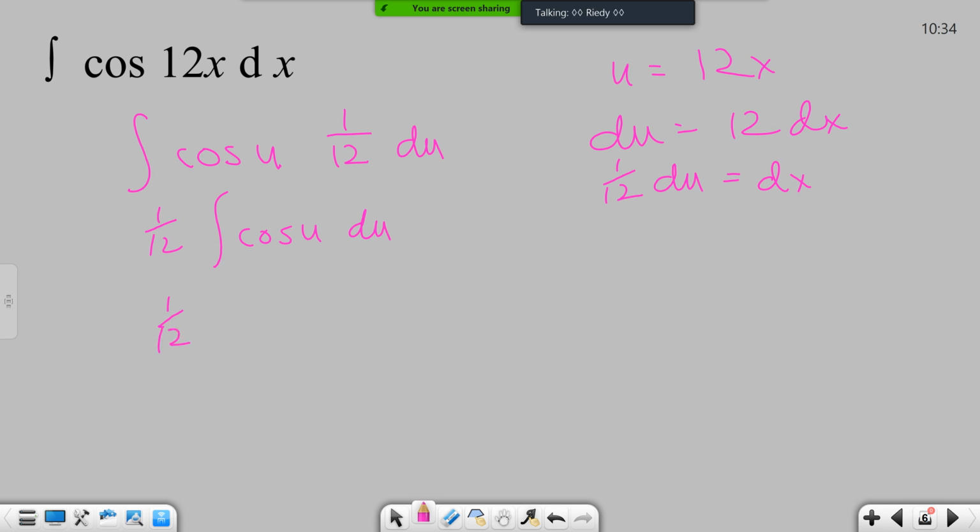Which would give me 1/12 times the sine of u plus c. It is sine, right? Or negative sine? Which one is it? I forget. I think it's sine. It is sine, yeah, good. And then the last step, 1/12 sine of 12x plus c.